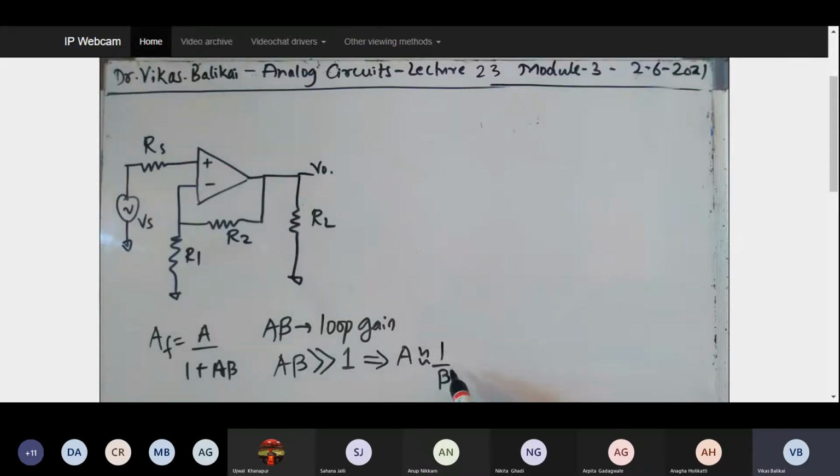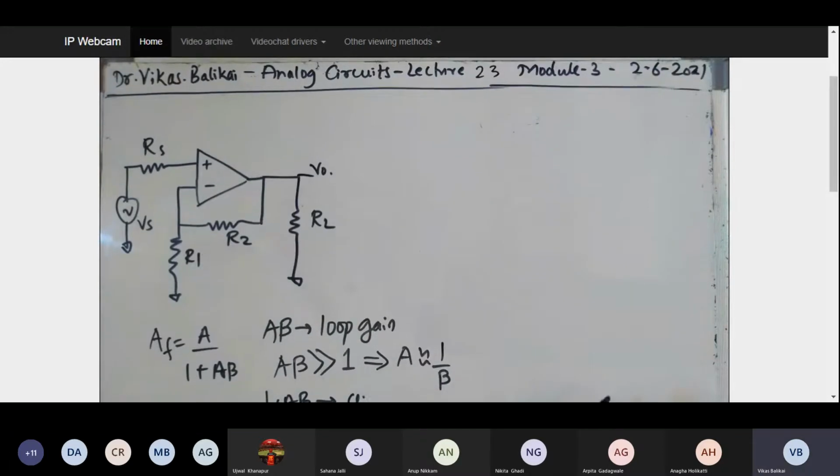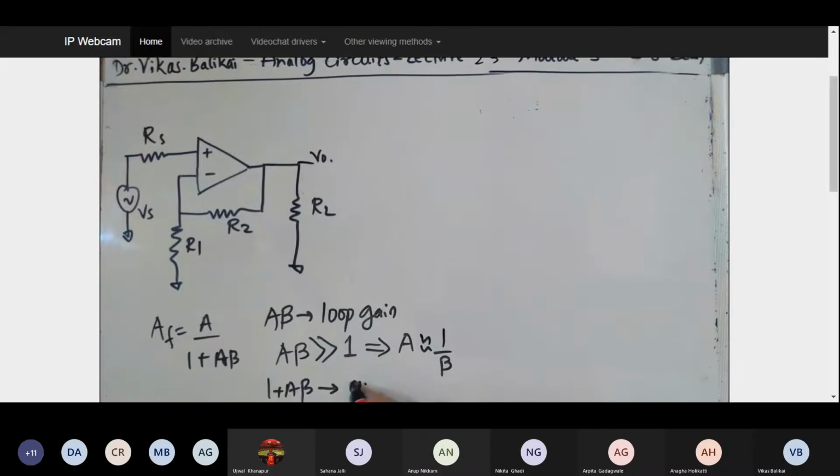The term 1 plus A beta is known as the amount of feedback.